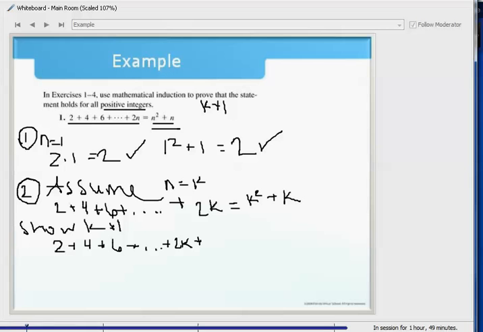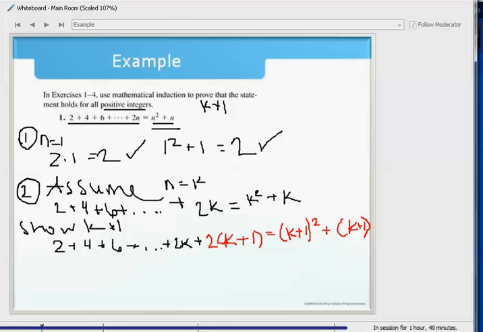I'm going to go ahead and add that in red. And that means I take the previous term and then add the next term, where the k was, we're going to replace it with k plus 1. On the right-hand side, we replace each k with k plus 1. So it's a little different on each side. The left side, you add the k plus 1 term. The right side, you replace k with k plus 1.